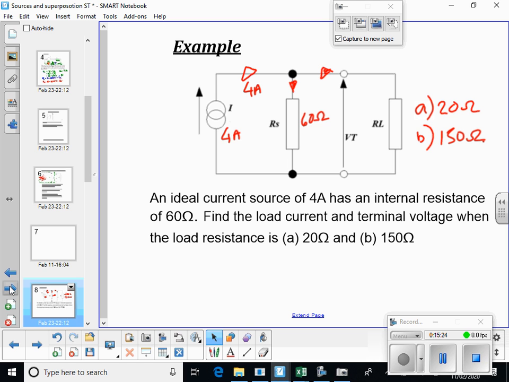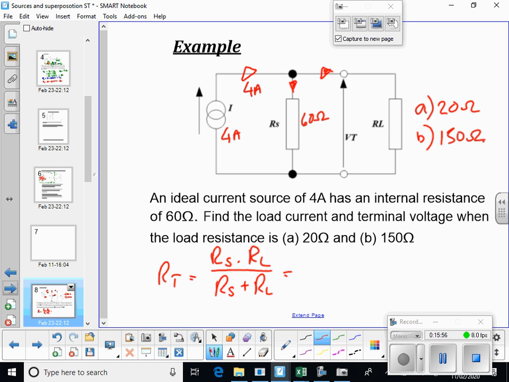So if we parallel up those two resistors, then do Ohm's law on the parallel equivalent, we'll find the voltage, then we'll find the current through the load. So how do we calculate RP? RS times RL over RS plus RL, 60 and 20.